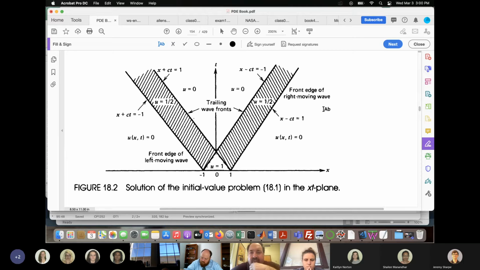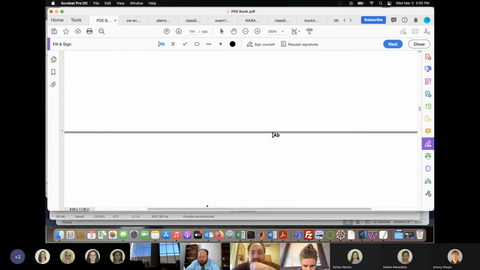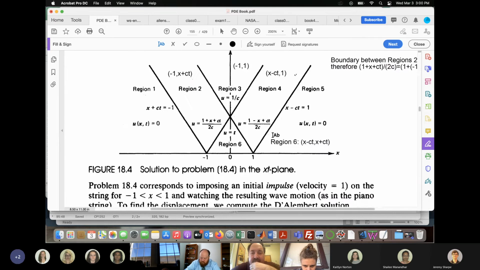Whether you have that or not is going to depend on the nature of your initial data. So if your initial displacement has discontinuities, those discontinuities can persist, and that's exactly what we see here. Discontinuities in your initial velocity can still lead to continuous solutions, and that's what we see here.